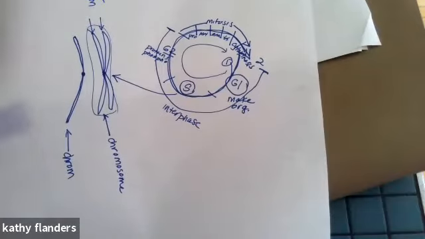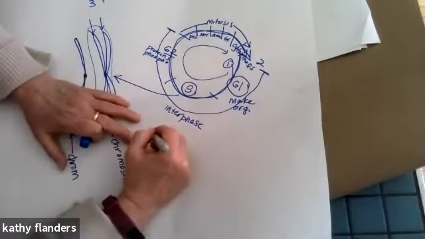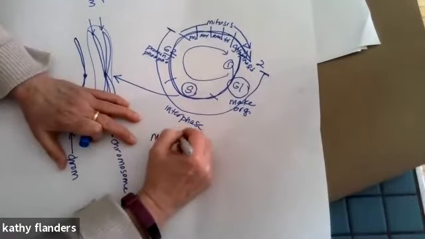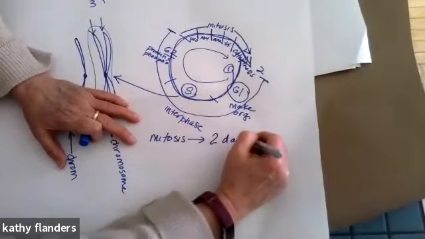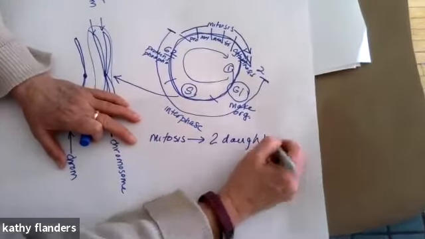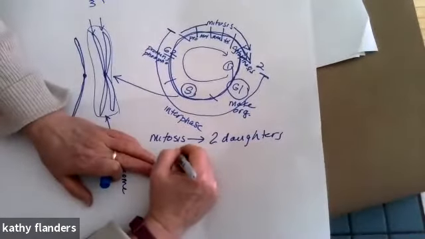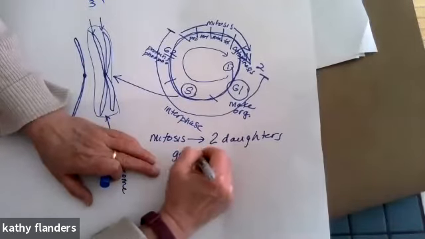Okay, so mitosis, remember, is going to be two daughter cells, and they're going to be genetically identical.